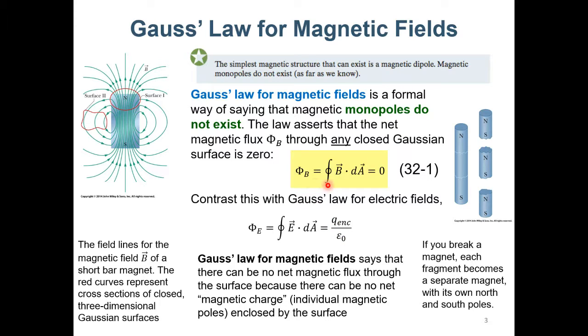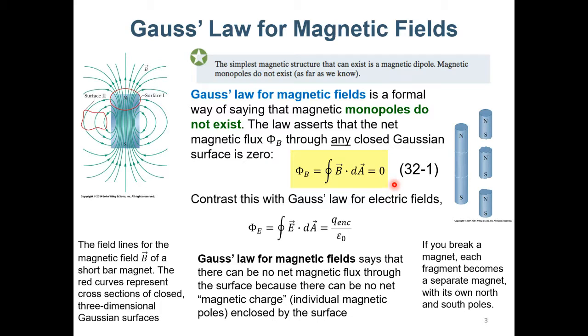And for Gauss law for magnetic fields, it is more or less the same on the left side, except we change the E field into the magnetic field, and still it is a closed surface integral.